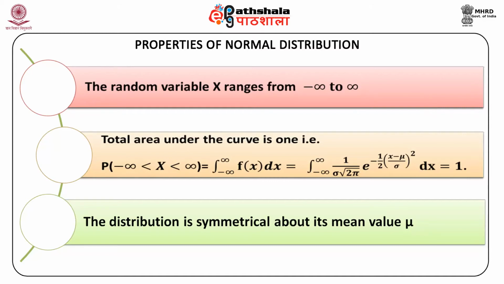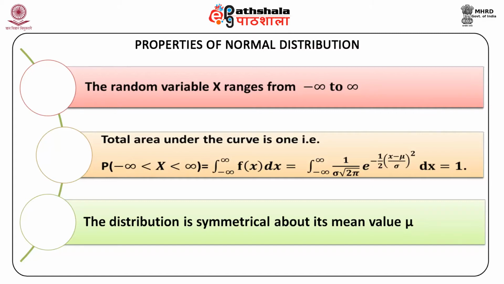That is, the probability of x lying between minus infinity and plus infinity is equal to the integration from minus infinity to plus infinity of f(x) dx, which is equal to the integration from minus infinity to plus infinity of 1 divided by sigma under root 2 pi, e raised to the power of minus half ((x minus mu) divided by sigma) the whole square dx, which is equal to 1.